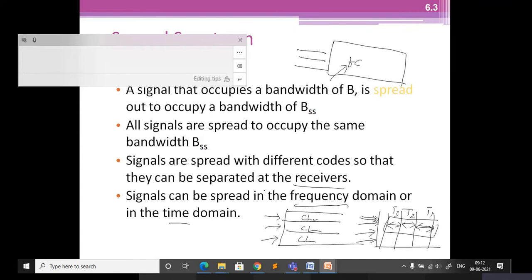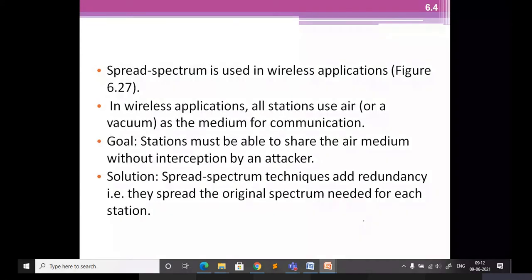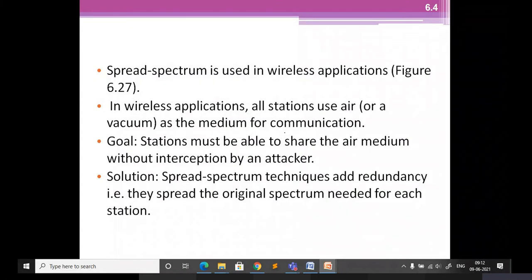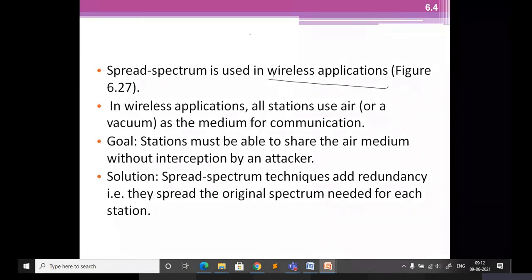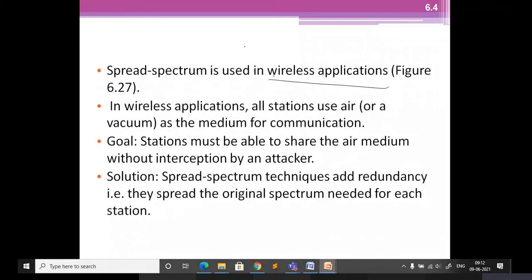Now here also we are going to follow this technique to understand how FHSS works. Where is spread spectrum used? It is normally used in wireless applications, like we discussed in the previous class on multiplexing, which can be used in radio and television stations, to tune to a particular frequency or channel.